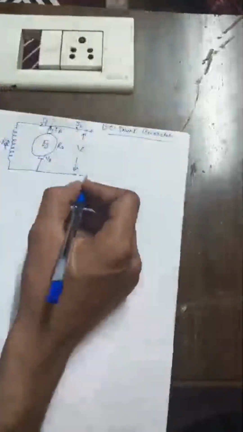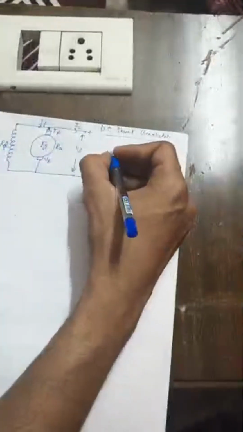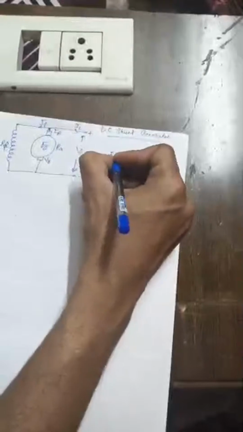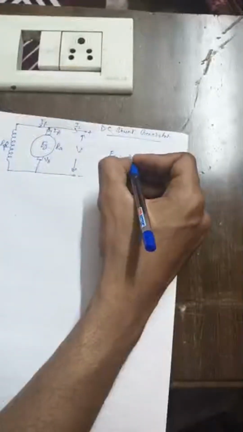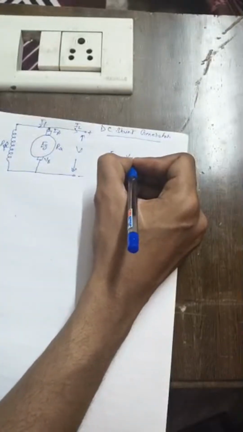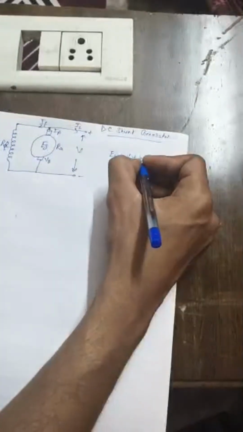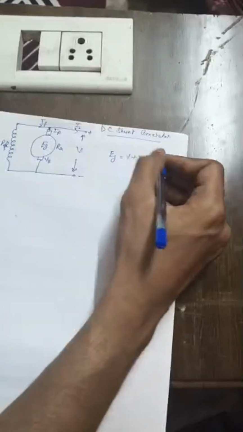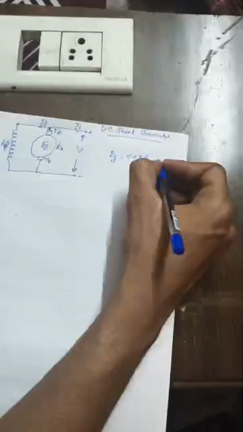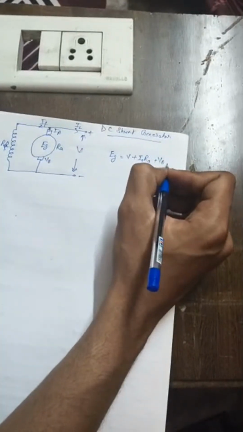So the generated voltage Eg is equal to the terminal voltage plus the losses IaRa plus the brush drop VB.